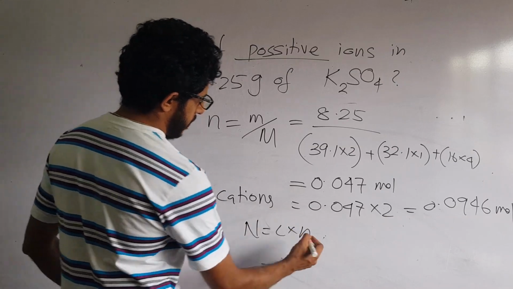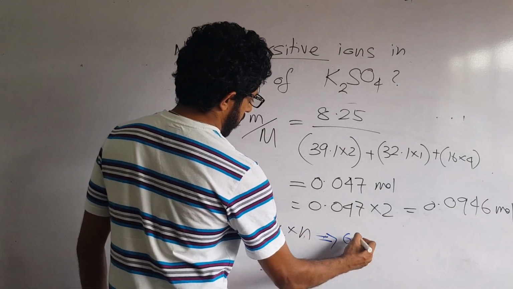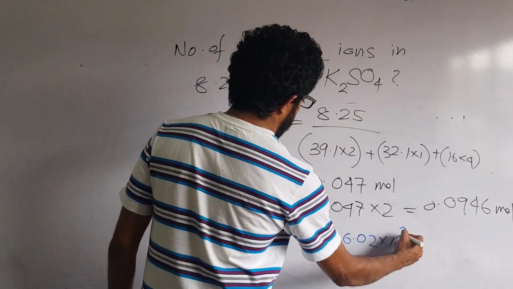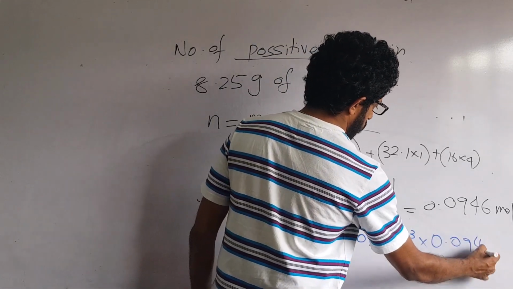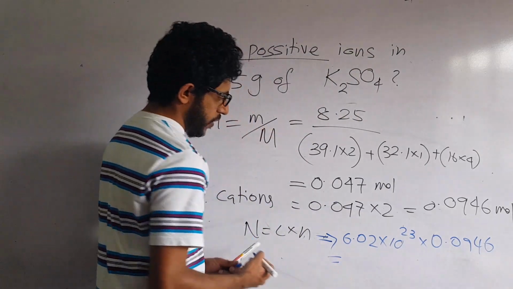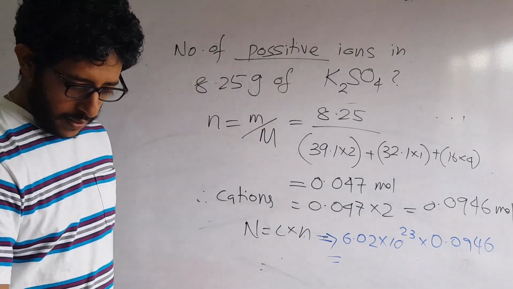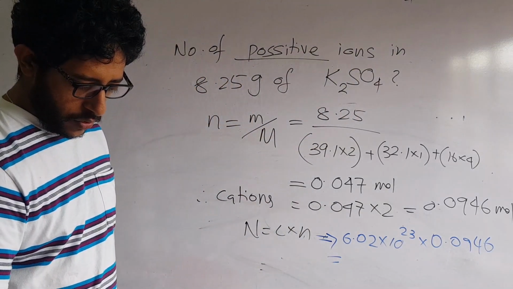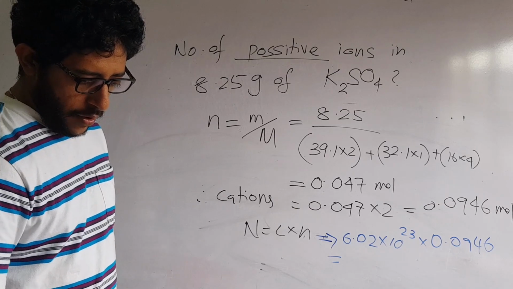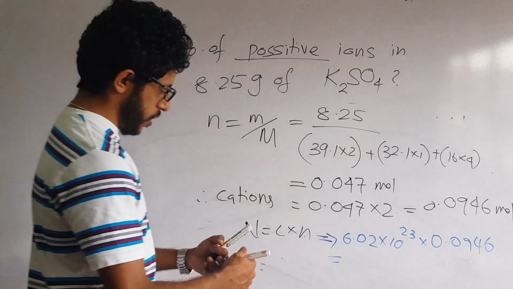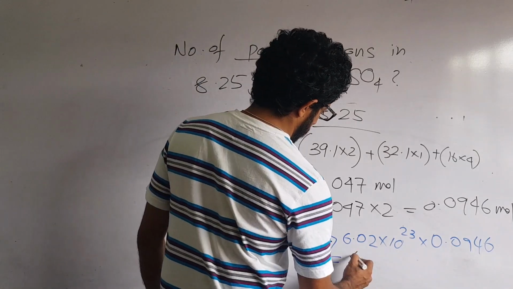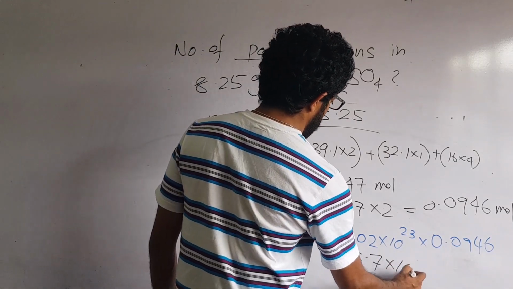So you can find 6.02 10 to the power 23 into this answer, 0.0946. So that gives you the final answer. That one into 6.02 10 to the power 23. 5.69. So you can say 5.7 10 to the power 22.